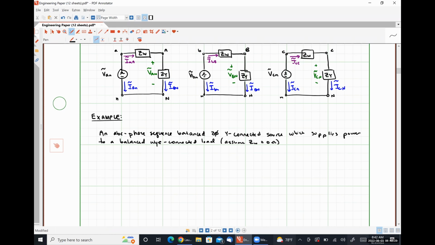We're going to assume that our transmission lines are simply short circuits. The magnitude of the line voltages is 208 volts RMS if the load impedance per phase is ZY equal to 36 plus j12 ohms.